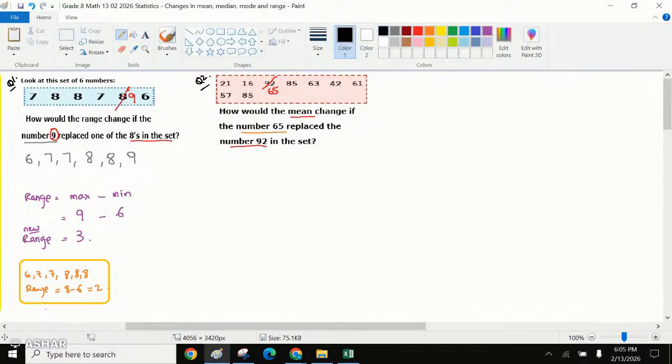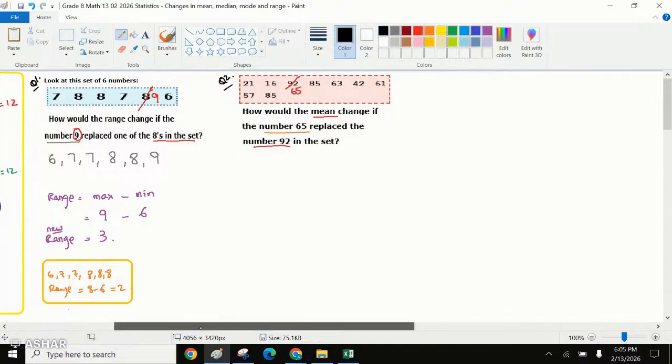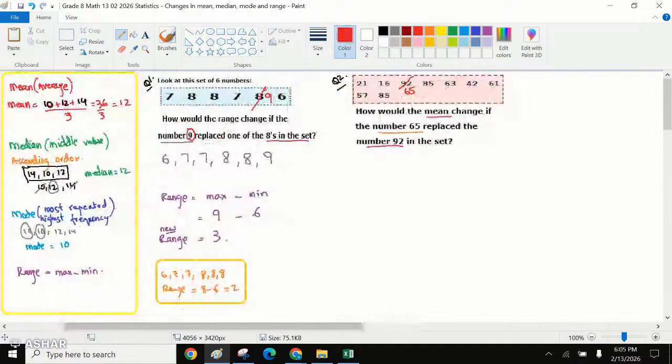That means if we need to find the mean, we need to find the average. So in order to find the mean, we add all the numbers: 21 plus 16 plus the new number 65 plus 85 plus 63 plus 42 plus 61 plus 57 plus 85.